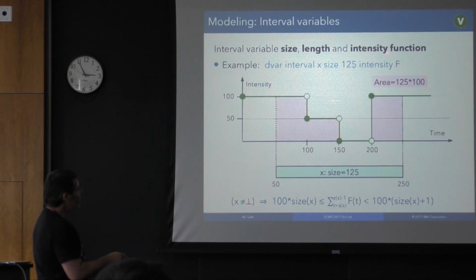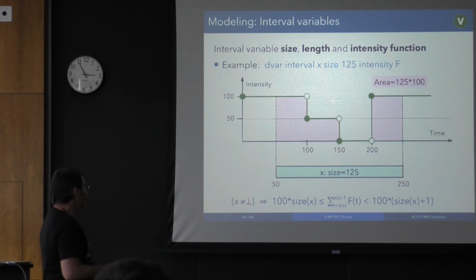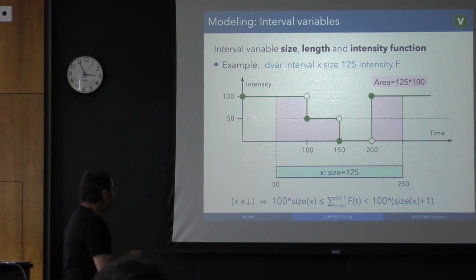I will go fast here and just jump to an example. This is where we use an intensity function, which is a stepwise function, a structure we have seen before. You can say that this interval variable x has a size of 125 and uses this intensity function f. This is the intensity of work, in percentage.